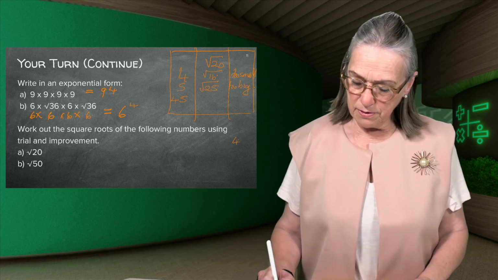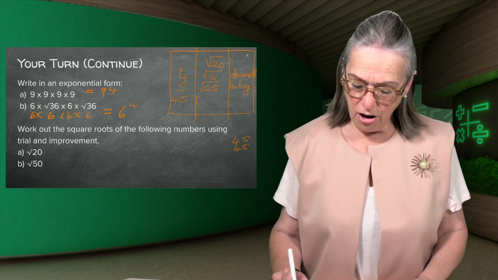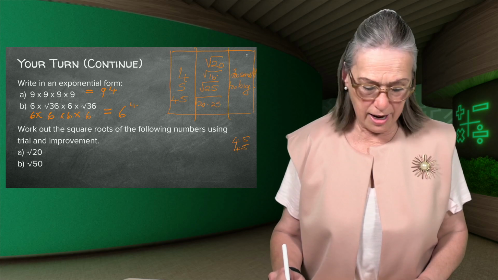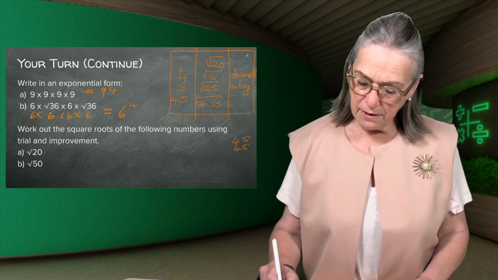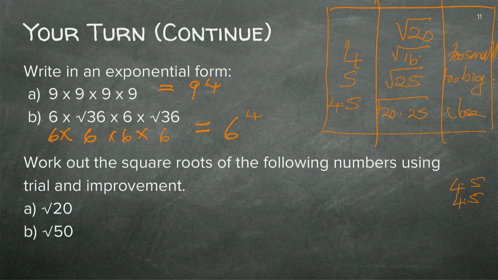We work out 4.5 times 4.5, and our answer is 20.25, and this is very close. So we're going to say that the square root of 20 is more or less 4.5.